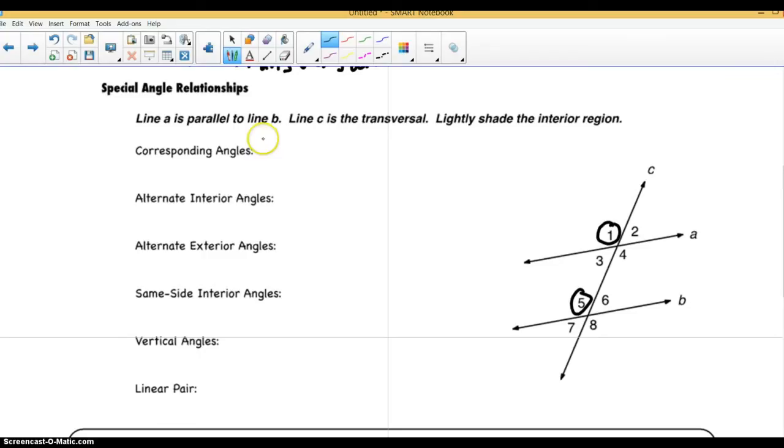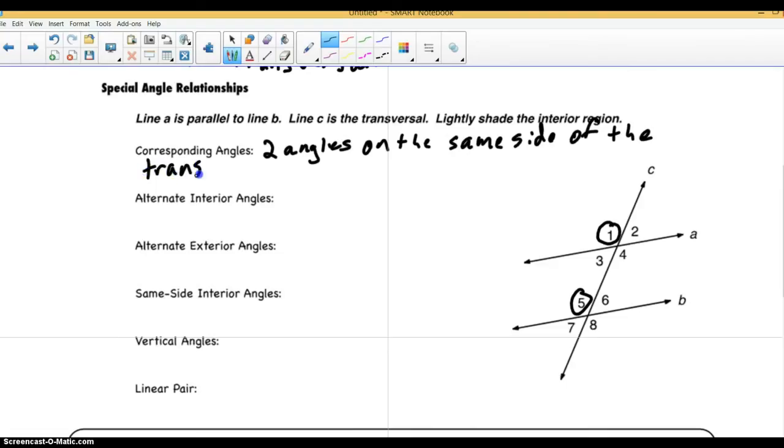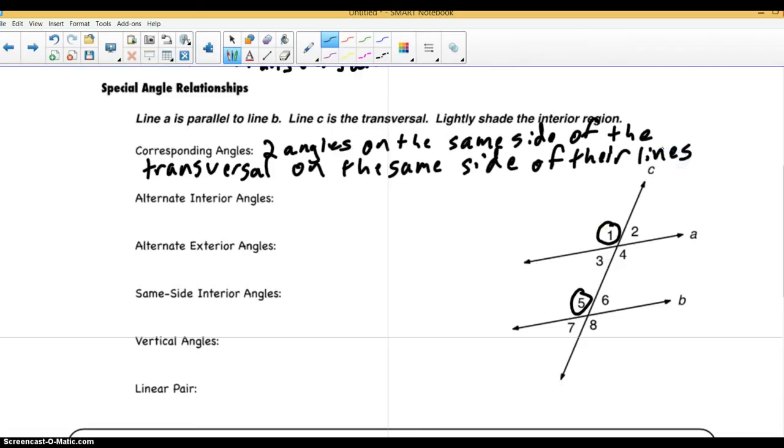And again, that's two angles on the same side of the transversal, and on the same side as their lines. And our example was angles 1 and 5.